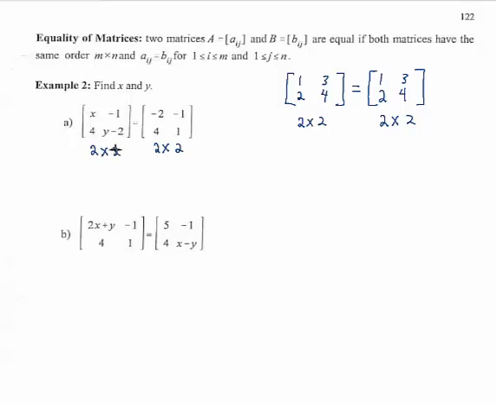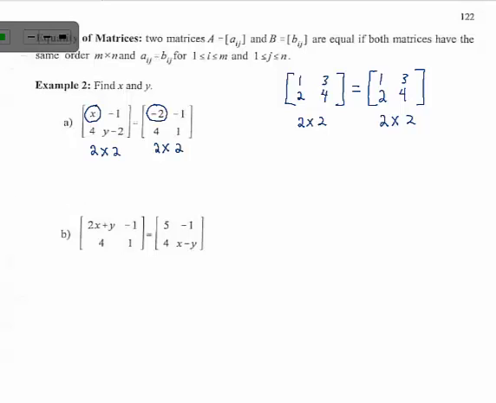It's just one thing that you can check out, but here we would know that this first element of the matrix has to equal a -2. So that's the only possibility. If these two matrices are equal, then x has to be a -2.